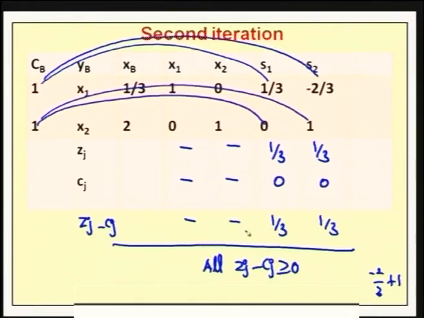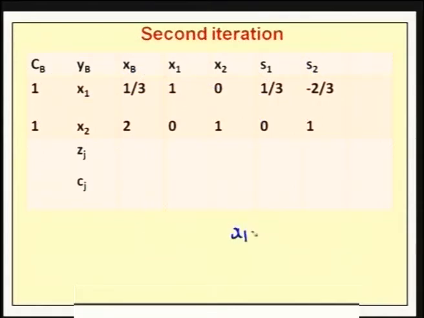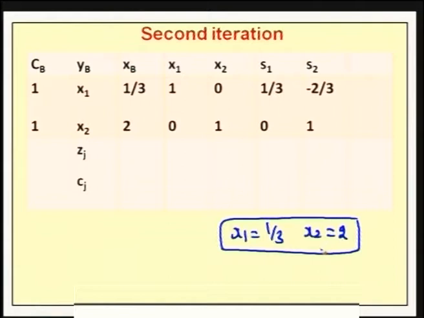Therefore, the optimum solution for this LPP is obtained, and the optimum solution is x1 equal to 1 by 3 and x2 equal to 2. Now, our restriction on x1 and x2 is that both should assume non-negative integer values.